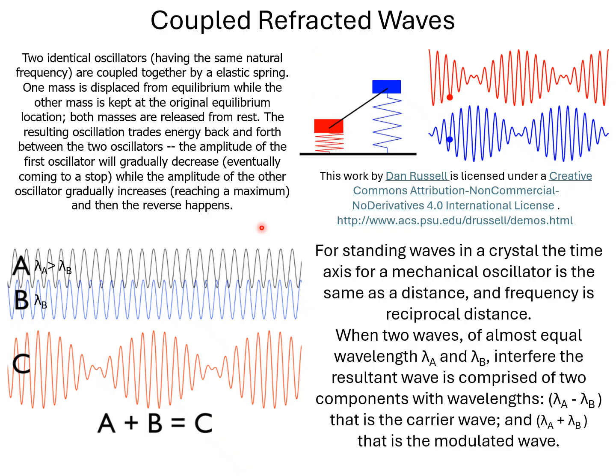Now, when electrons are passing through a material, some of them may be slowed down by the repulsion from other electrons, and that slowing down reduces their wavelength, increases their wave vector. But some of them may be speeded up when they're attracted by the atomic nuclei. So what you end up with is the possibility of getting two waves.